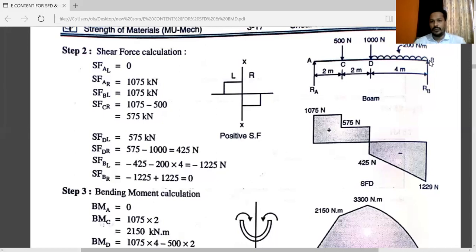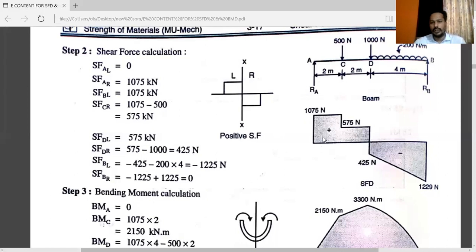If shear force just to the right at point B is 0, then and only then all our answers are right. So the condition is very important. Make a necessary correction here: minus 425 Newton. All the values are in Newton. That is very important.